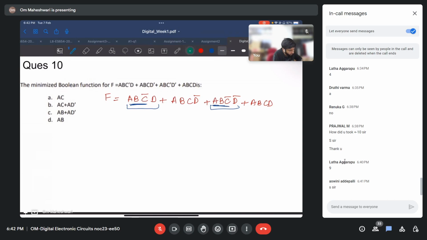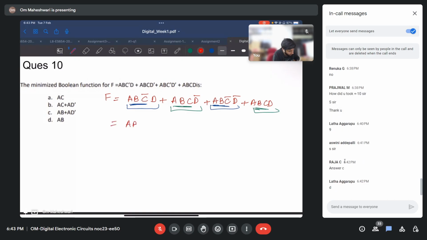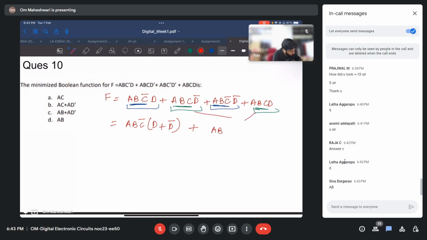So we'll take these two common, and these two and these two, they have ABC common. So we will get ABC bar, we take common, then it is D plus D bar, right? And from these two terms, we get ABC, that's it, D plus D bar.